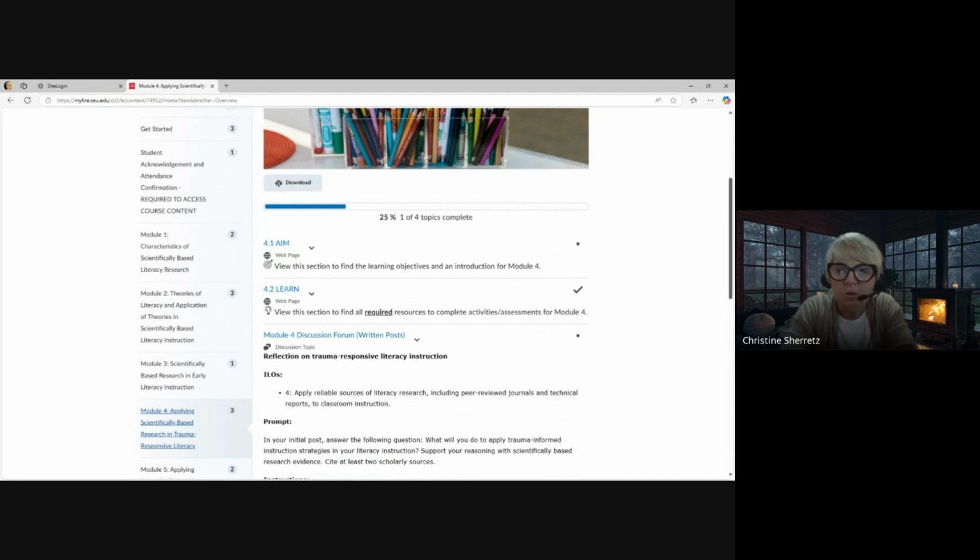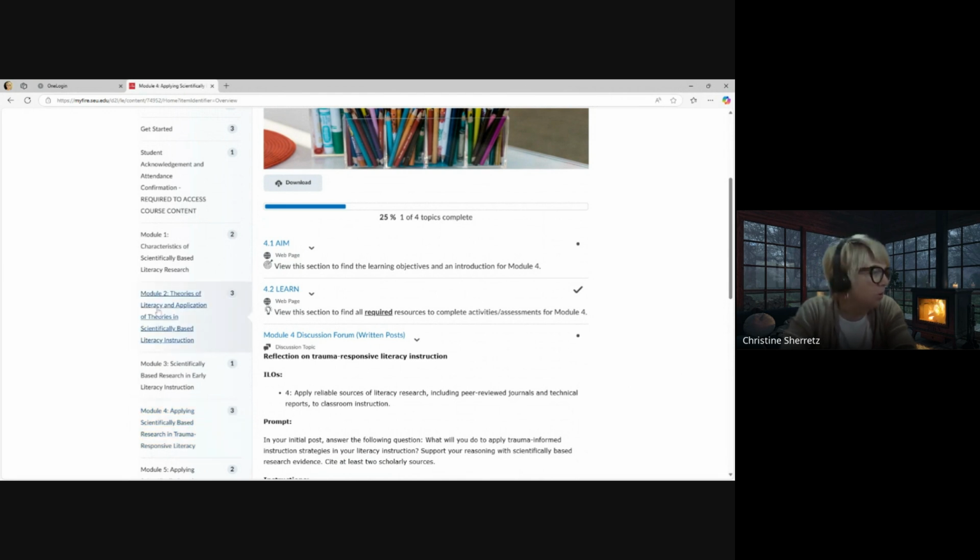I just wanted to review a little bit of where we've been. In Module 1, we looked at characteristics of scientifically based literacy research, and that's where you read two articles and completed an infographic. They were very, very good.